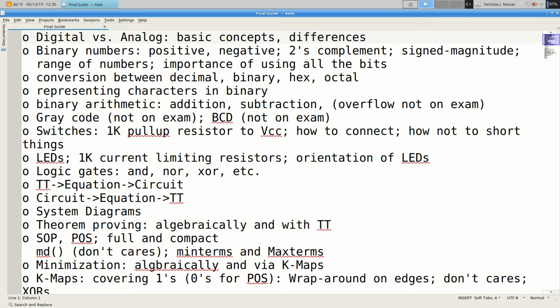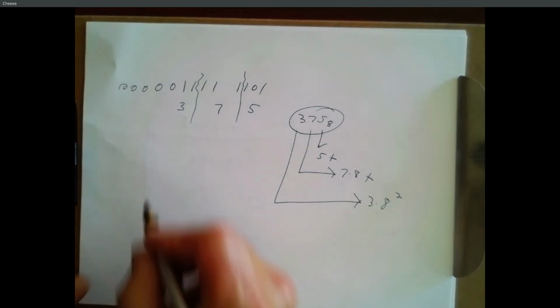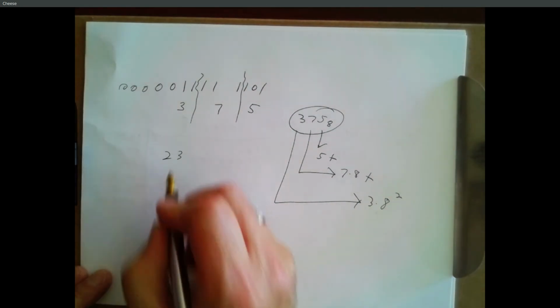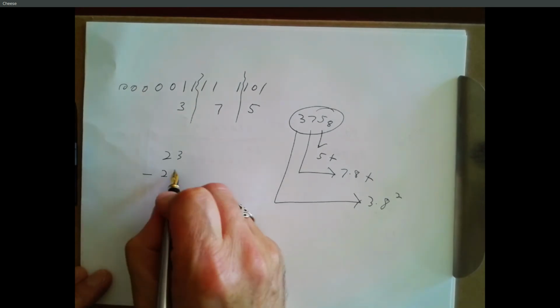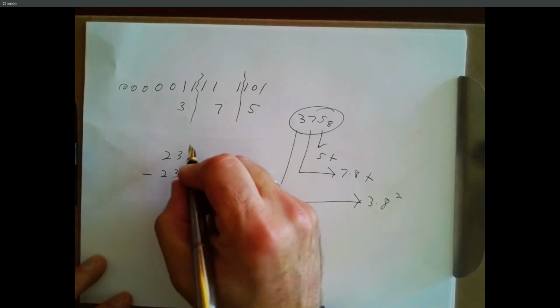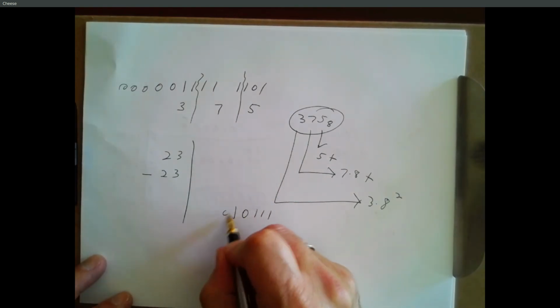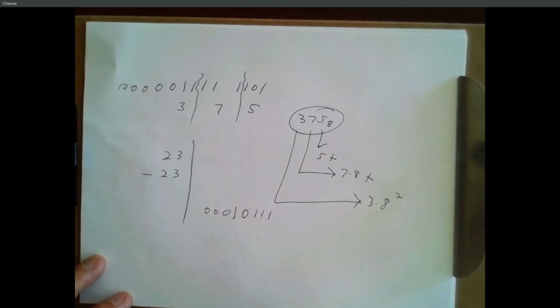So besides 2's complement, we can also do signed magnitude notation. We don't really do that in here, but we mention it. Signed magnitude is what we do in decimal. If this is the number 23, and we want negative 23, we just put a symbol in front of it, right? So we can do the same thing in binary. We can say 23 is this.